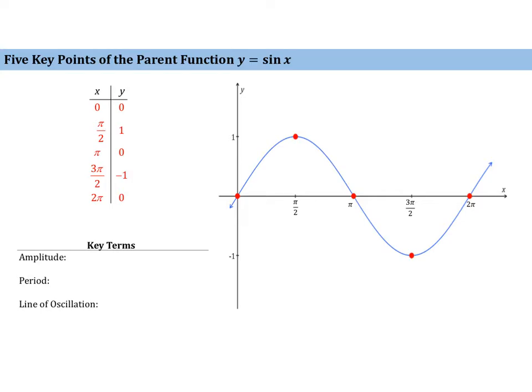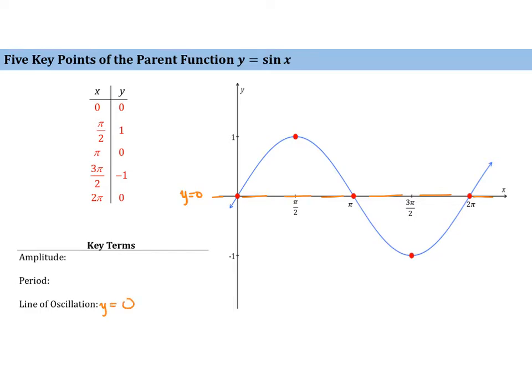So we can see those on our curve if we mark our x-axis. And as we graph our trigonometric functions, one thing to remember is that our independent variable is always going to be measured in radians. And then our output will be corresponding to a ratio. And as in our previous slide, we marked out that the distance from our line of oscillation is our amplitude. So here our line of oscillation is y equals 0.